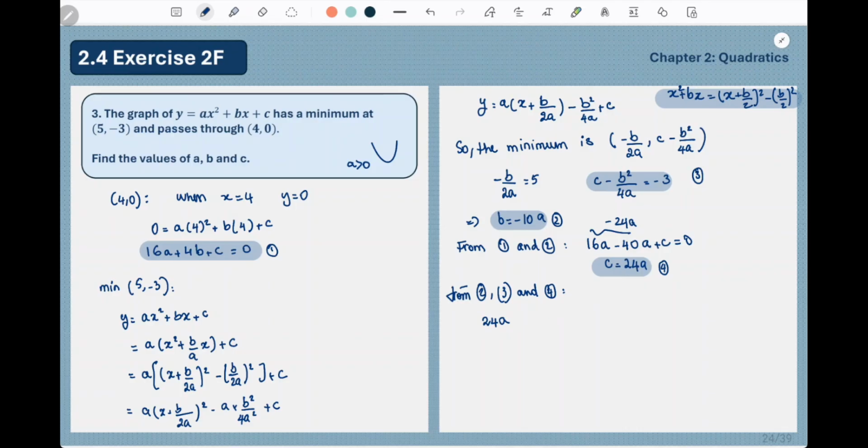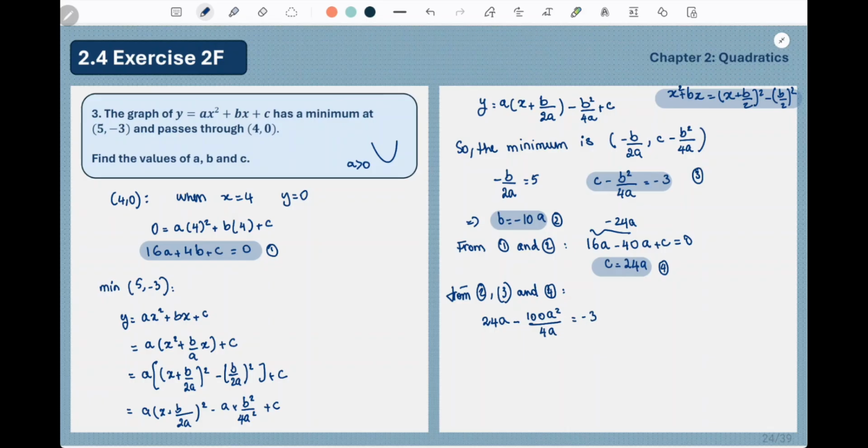So c becomes 24a, then minus b squared. b squared is (minus 10a) squared, so it's going to be 100a squared, over 4a, equal to minus 3.